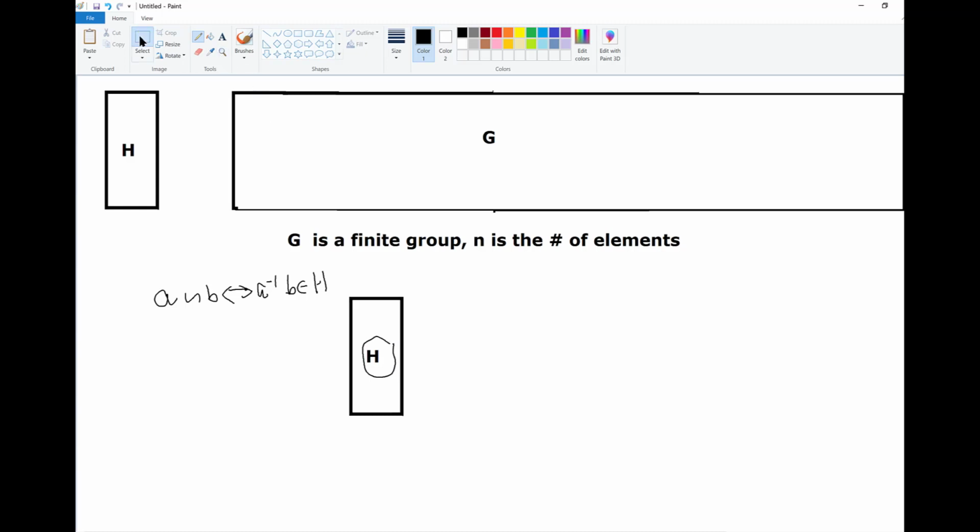In other words, since we are in a finite situation, if they have a one-to-one correspondence between them, then the number of elements in the two would be the same.